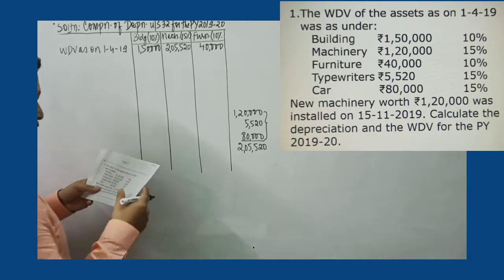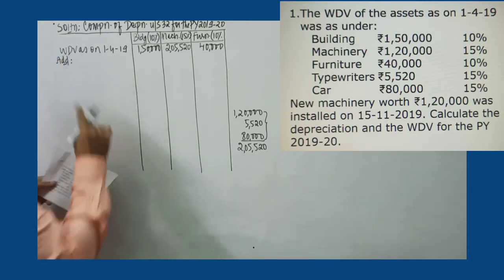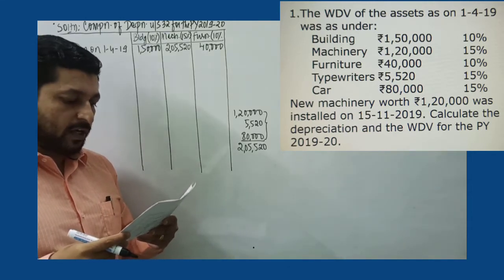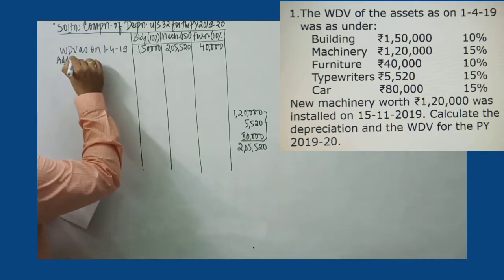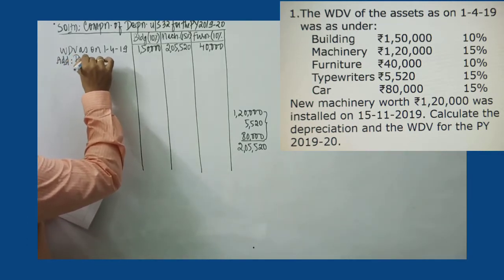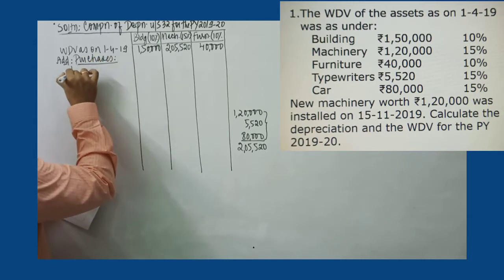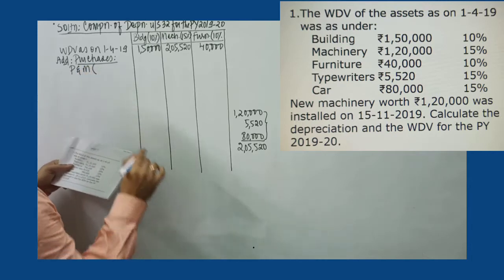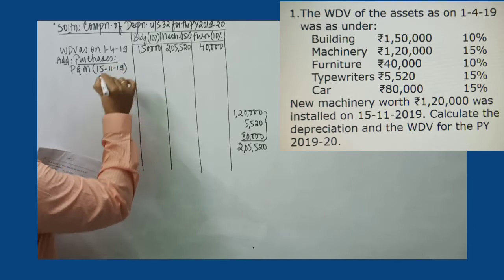Then during the year, very important point now, new machinery worth 1,20,000 was installed in the factory on 15th November 2019. So I record over here, add purchases. Plant and machinery has been purchased and installed in the factory on 15th of November 19.